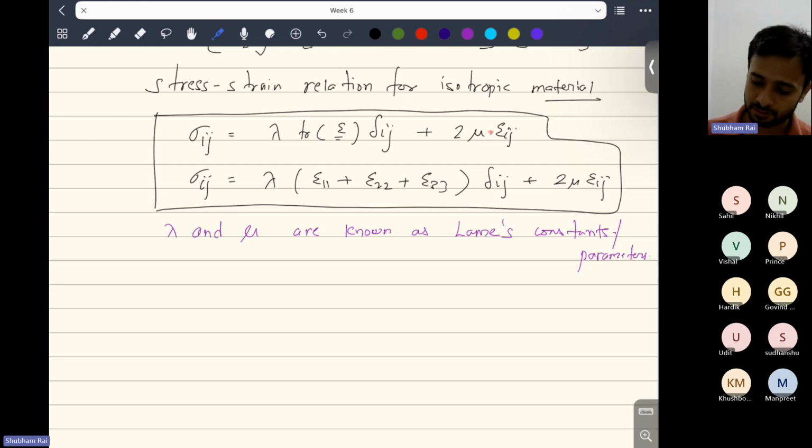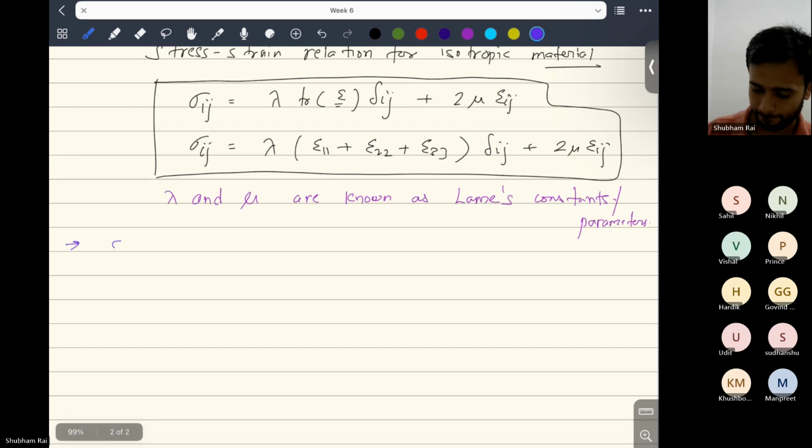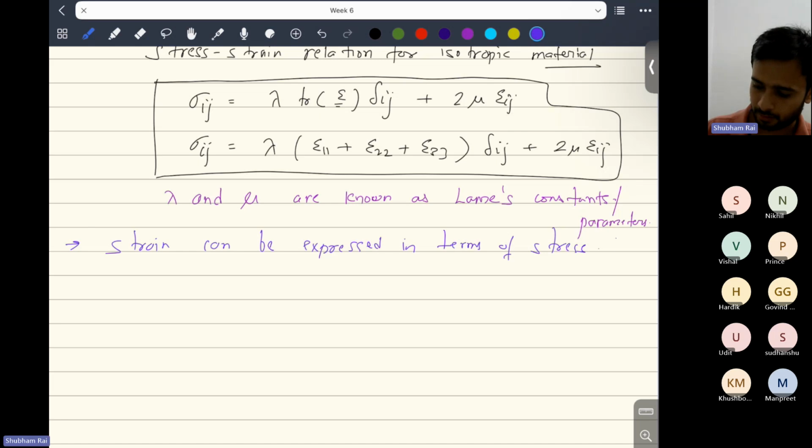If you solve these equations and express strain in terms of stress, finally you will get this, and this is called the three-dimensional Hooke's law.